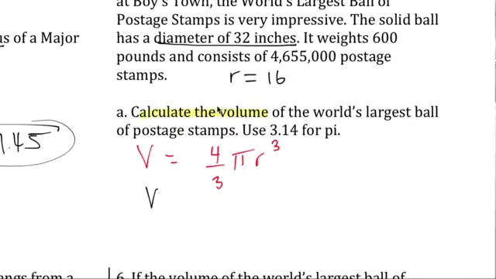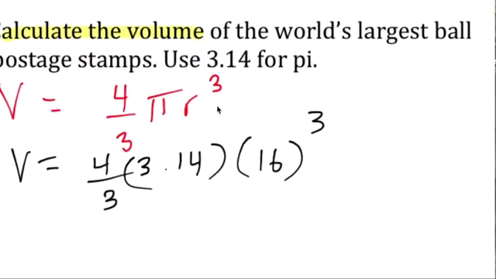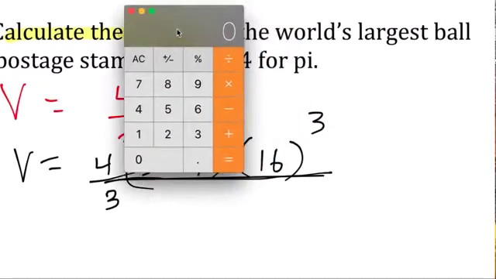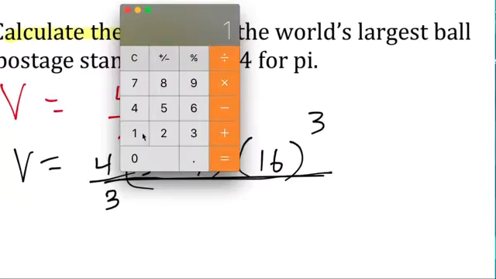So we got volume equals 4 over 3 times pi. They say to use 3.14 for pi, times the radius cubed, 16 cubed. You do the top first, multiply all of them together, and then divide it by 3. On a calculator we always do the cube first: 16 times 16 times 16.